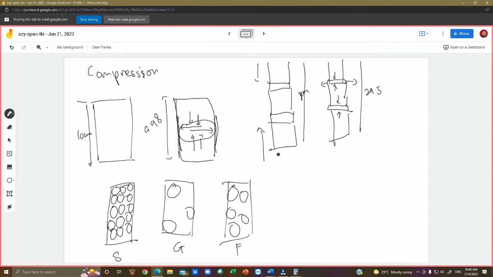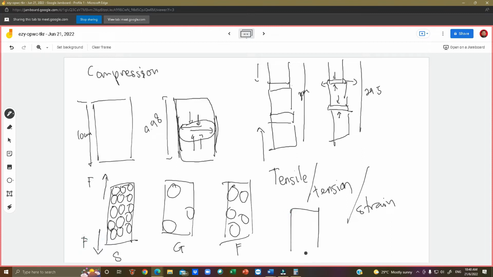So what happened when your body undergo a tensile ataupun tension, okay, ataupun strain. These three name is actually a single force which acted like that. Force keluar, which make the area between those molecules start to be, you're going to start to have an area.